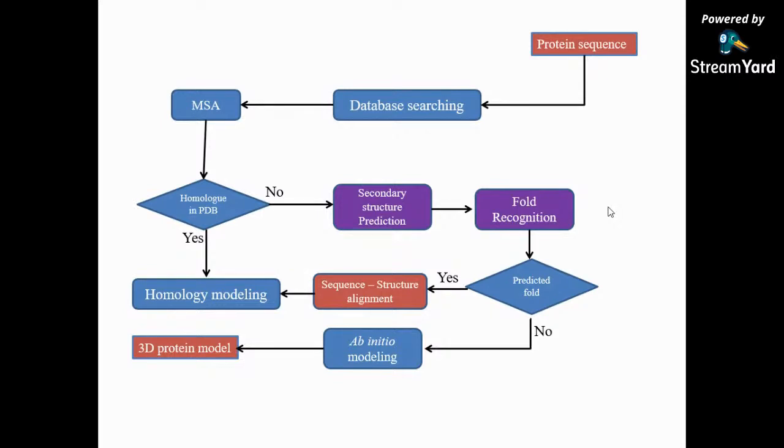In this demonstration, I have taken the protein sequence of Pi54 protein. There is no homolog available in the Protein Data Bank, so the identity percentage is low. For this protein we cannot go for homology modeling because it is not a good homolog. We need to go for fold recognition or ab initio modeling.